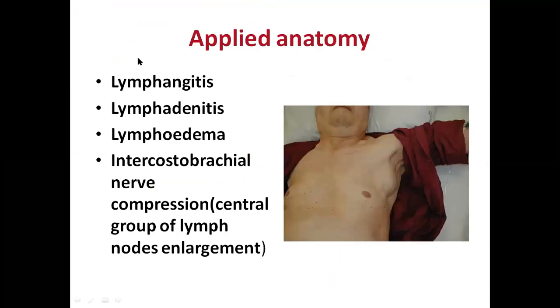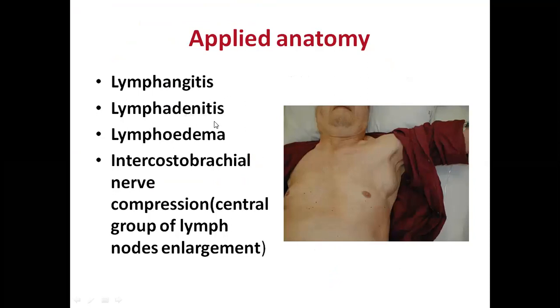Now, these are the terms which I have already used when we were doing the axillary group of lymph nodes and also the lymphatic system. So, try to recollect what is lymphangitis. Yes, inflammation of lymphatic vessels. Lymphang means vessel, itis is inflammation.